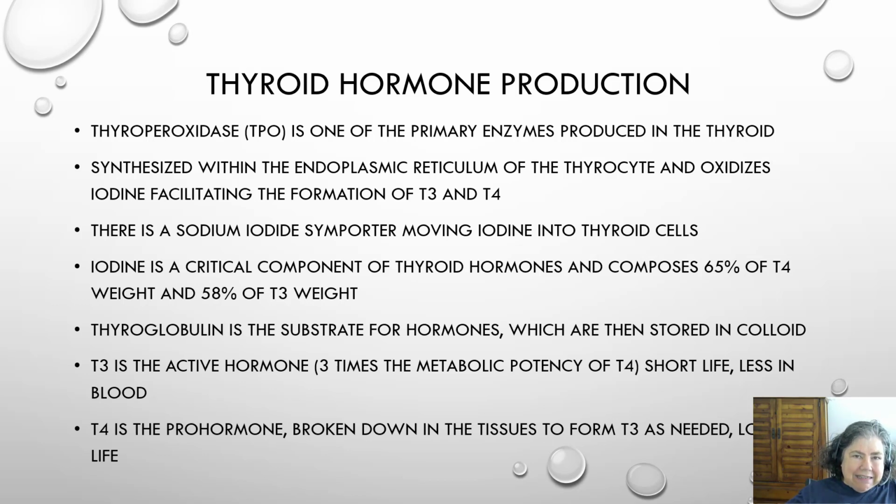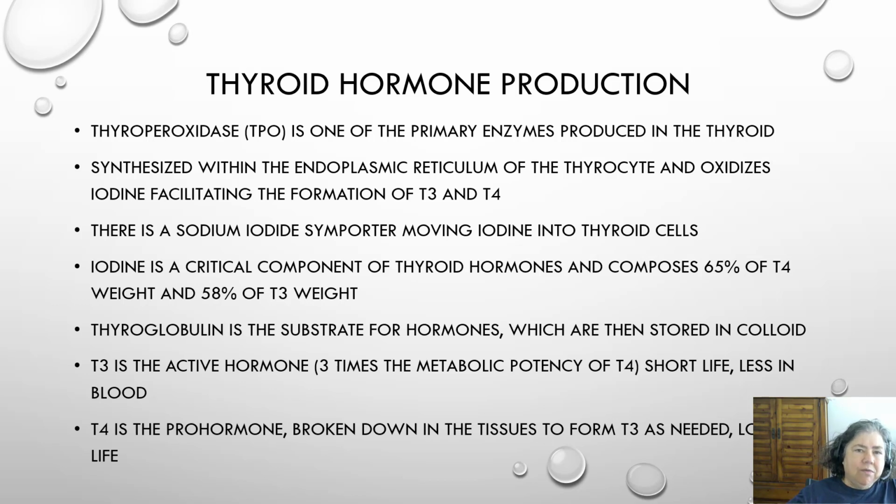T3 is the active form of thyroid hormone, and T4 can act, but it is much less potent. So T3 has about 3 times the potency of T4. It has a short half-life, and once in the blood, it's considerably shorter than T4.